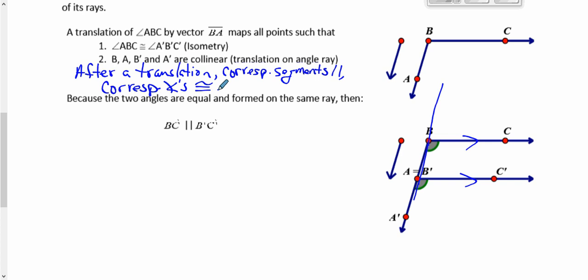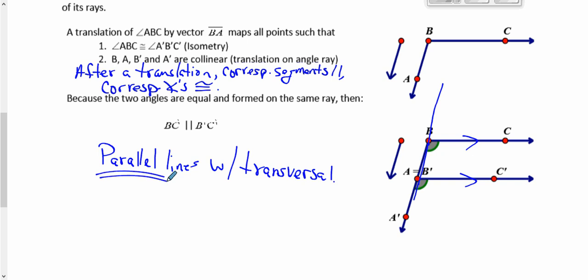Okay? So we translate from here to here. These segments are parallel. Well, they're not even really segments, right? The lines are arrows. But they're parallel, and these angles that correspond are congruent, right? We just move the angle as well. Okay? So now we end up with parallel lines, right? With a transversal. Okay? If we think of it as a translation.